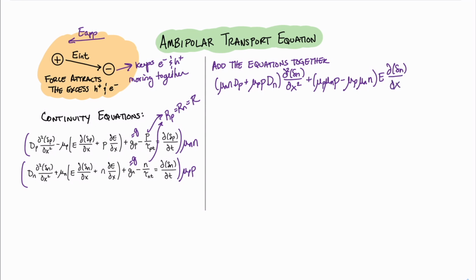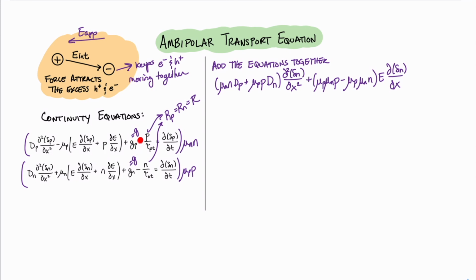All right, now let's see, up here we're going to have a negative P dE dx and also the mu N N, and then on the bottom we're going to have a positive mu N mu P P times N dE dx. Well, actually, look at that. That means that this term, when we expand these out with these extra multiples, they're exactly the same terms, and one is minus, one is positive, so therefore they cancel each other out.